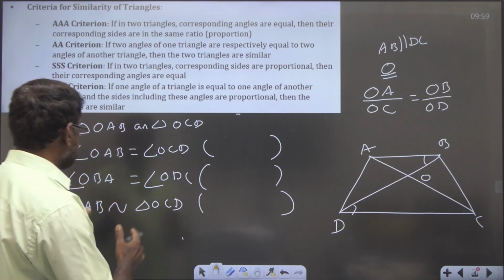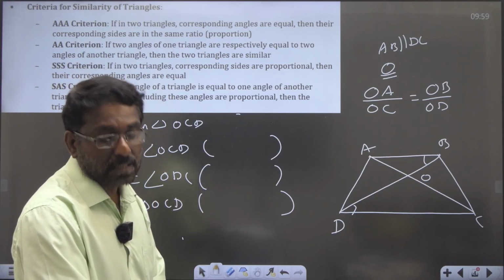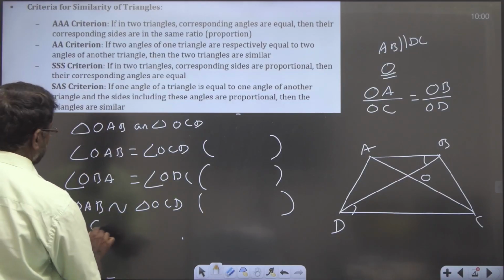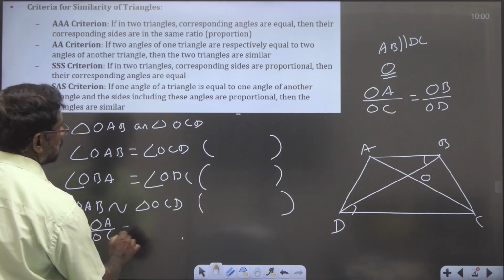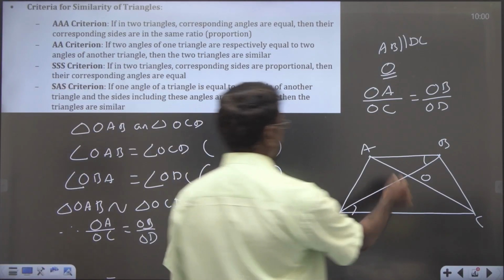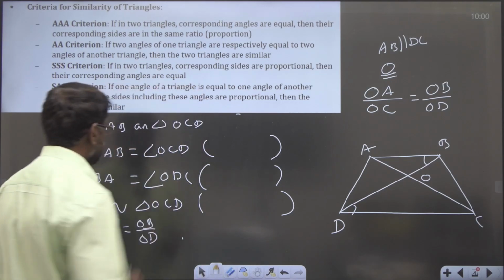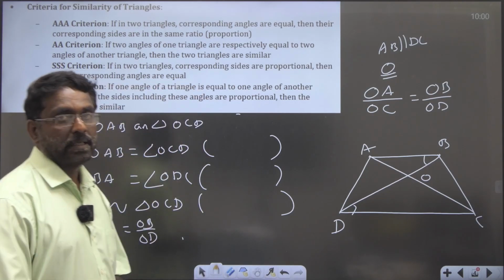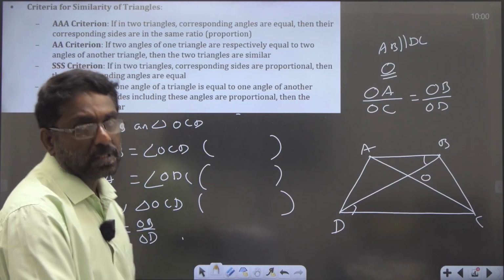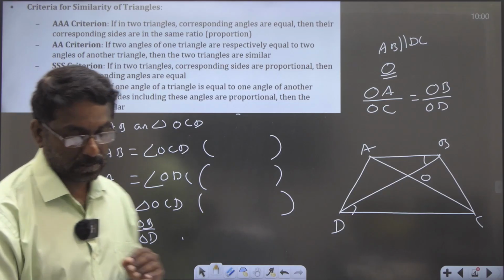Since these two triangles are similar, their sides are proportional. Therefore, OA by OC is equal to OB by OD. The corresponding sides are proportional for similar triangles. This is the answer.